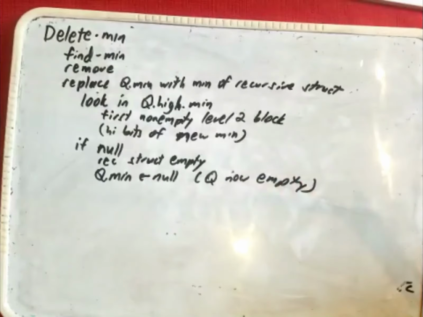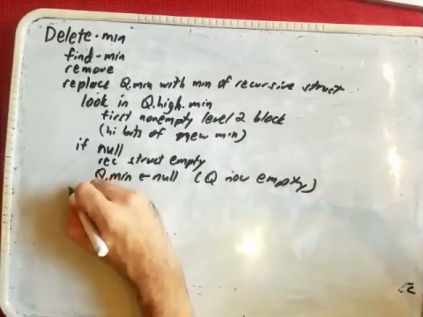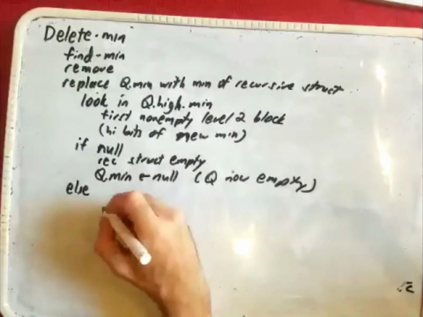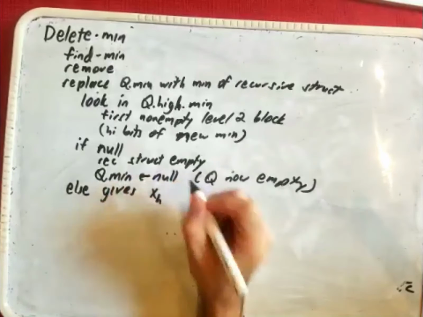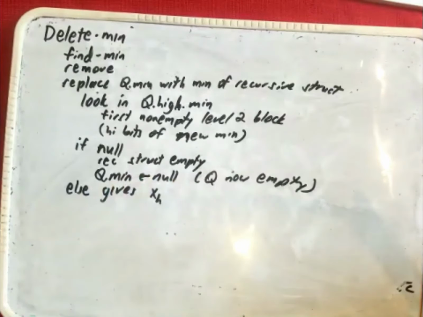Otherwise, it gives us some high bits, x sub h, which is the index of the first non-empty bucket. So now what should we do? Go to the next layer.